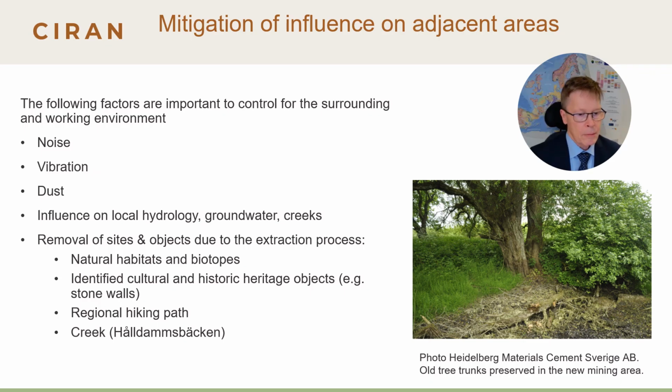So therefore, there is removal of sites and objects due to the extraction process. For example, natural habitats and biotopes are affected. There are also cultural and historic heritage objects, for example, stone walls from historical farming. There is a regional hiking path. There is a small creek, Holmdammsbäcken, of importance also.